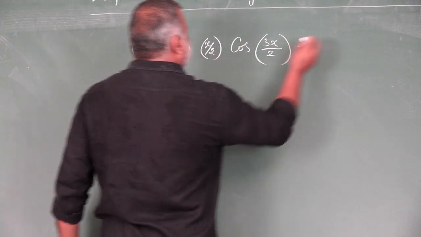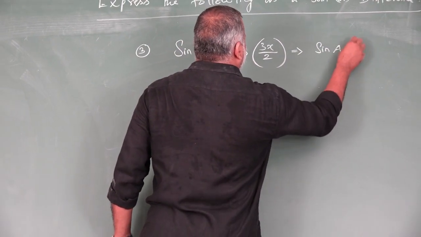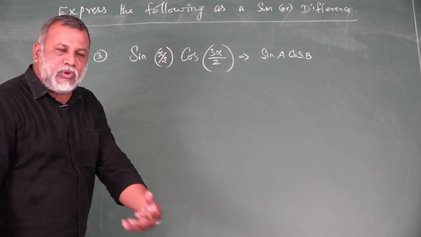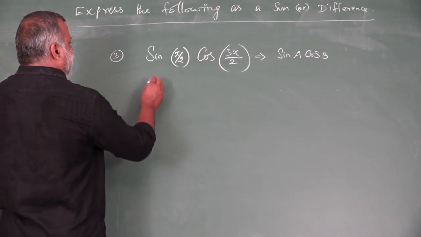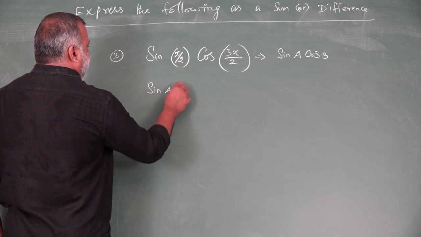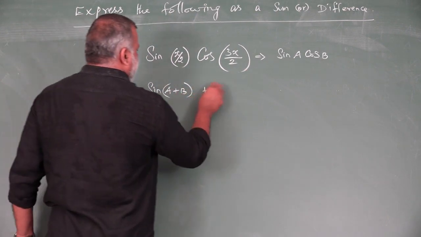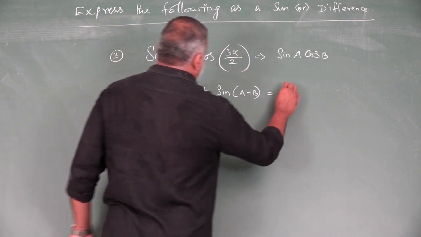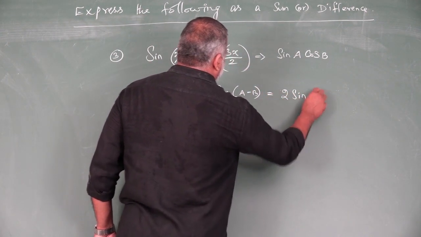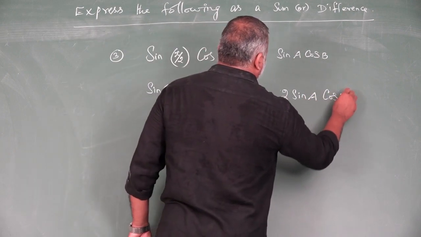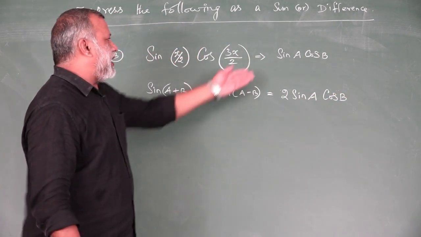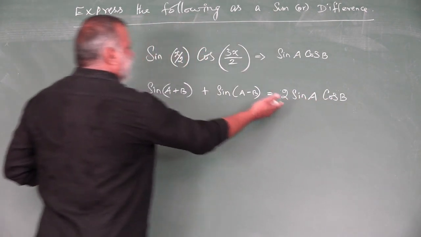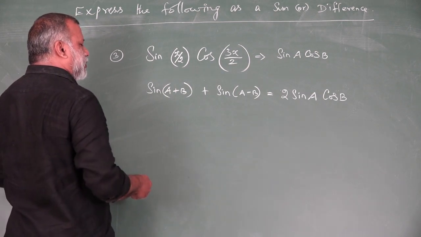The given data is sine A cos B. When we are able to get sine A cos B, just now I explained sine of A plus B plus sine of A minus B. It will produce 2 sine A cos B. Now we want to find sine A cos B, so this 2 comes to the other side, and we get 1 by 2.